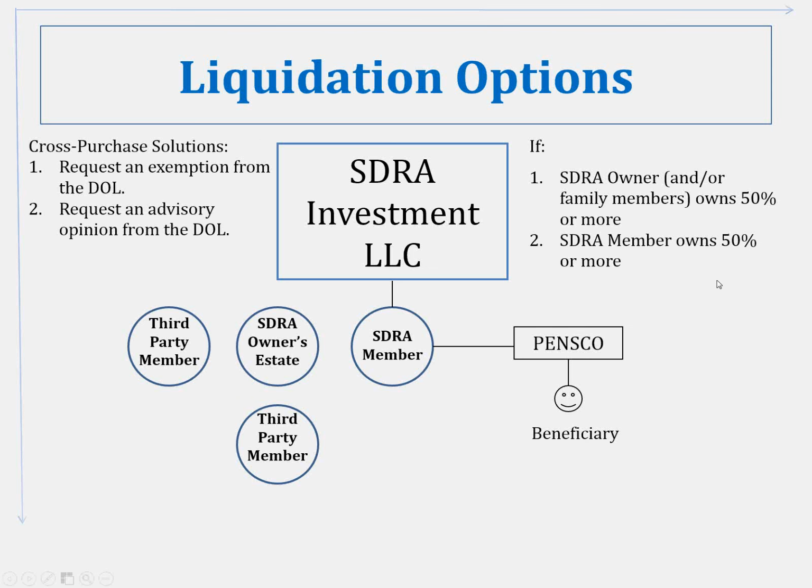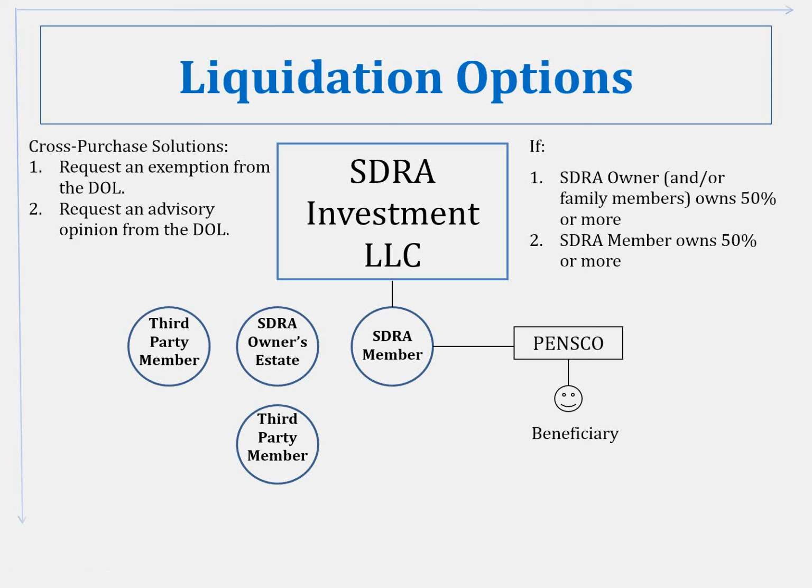Another solution, particularly where the self-directed retirement account owner, the IRA member, owns 50% or more, is that we could request, because we don't know, by the way, if the IRA owns 50% or more of the LLC, we still don't know, although cases seem to suggest that this is true, if the LLC becomes a disqualified person with respect to its IRA owner.